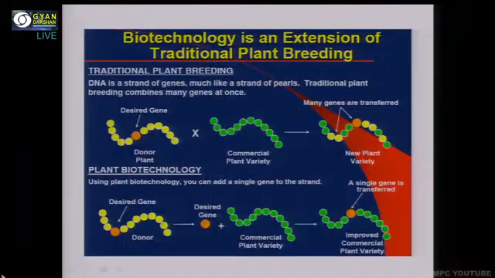So, there is no question that the other genes will also be integrated into the recipient plant. That is why it is more advantageous to go for the biotechnological or genetically engineered approach rather than the breeding approach. Moreover, the breeding approach also takes time, which we will be discussing shortly.